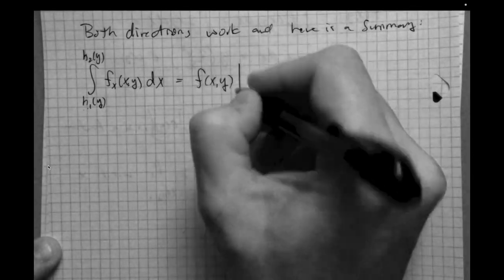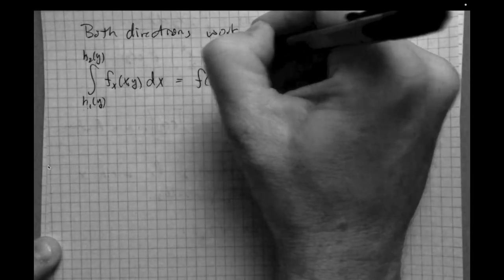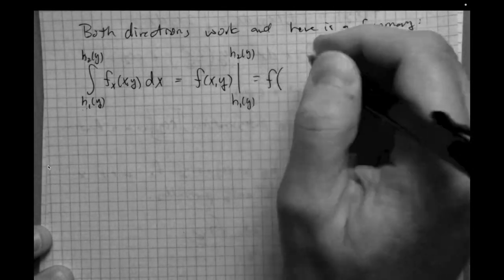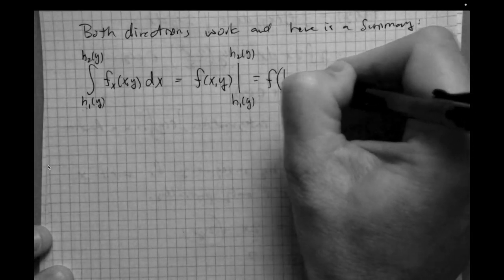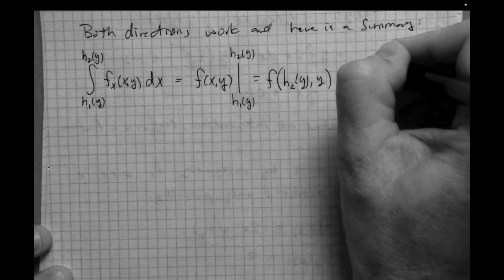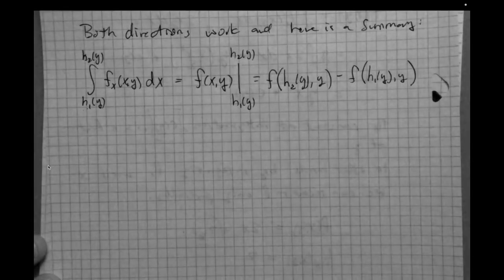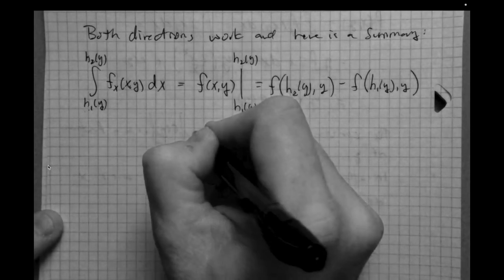Integrate, where I have to evaluate it from the bottom to the top here. And what I end up with is f of, and this would be the top limit, h2 of y, comma y, minus the bottom limit, h1 of y, comma y. This is what it looks like when we want to integrate with respect to x.